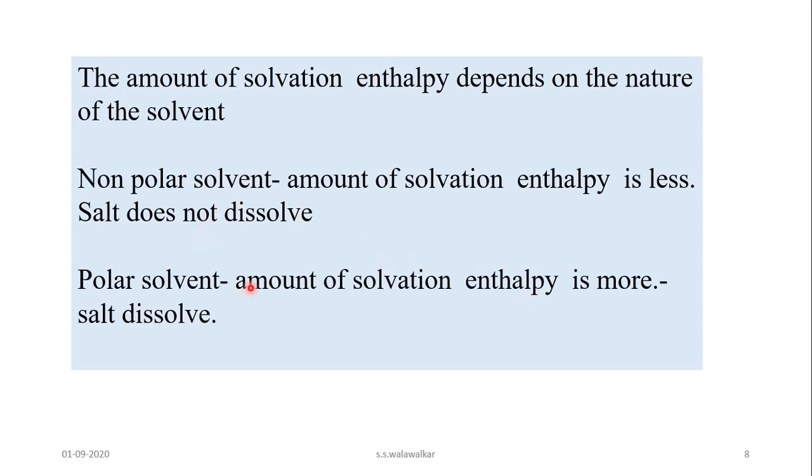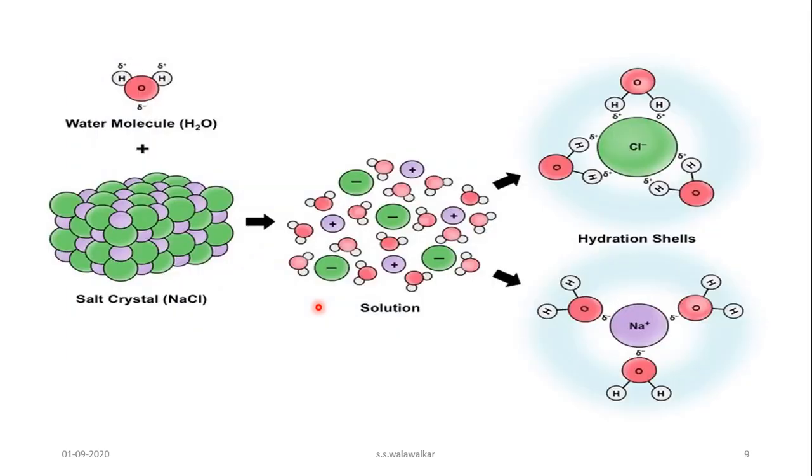In salts, cations and anions are there, and you also know that like dissolves in like. So polar substances get dissolved in a polar solvent, and in such cases the amount of solvation energy is more. If the solvation enthalpy is more, then the salt gets easily dissolved. For example, see here the NaCl crystal.